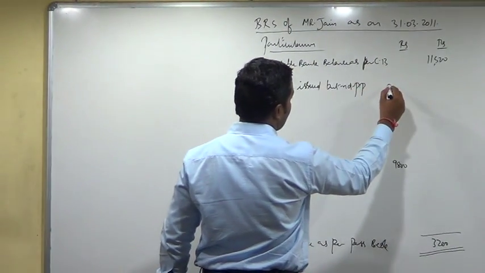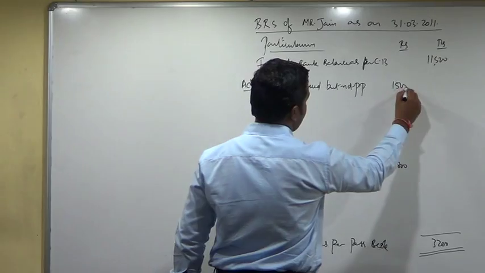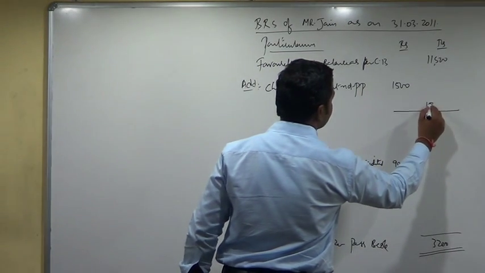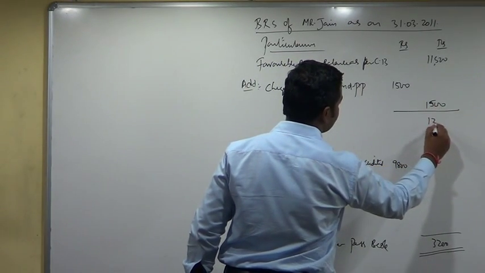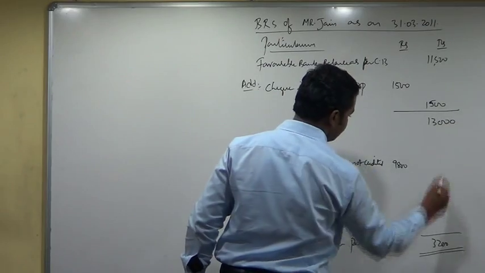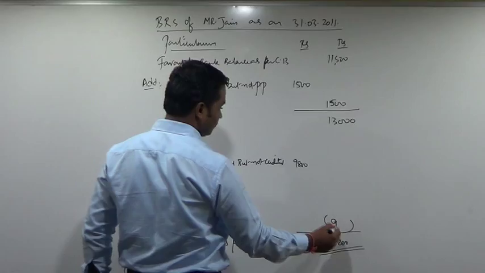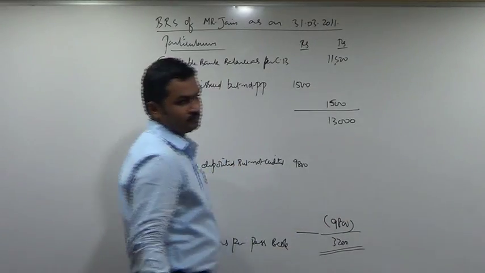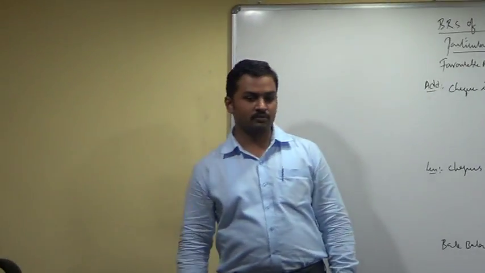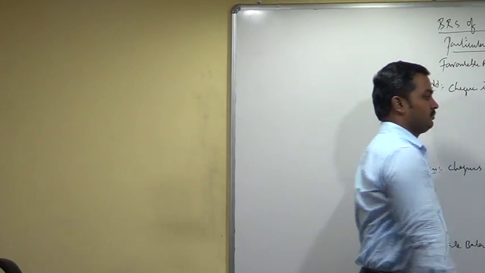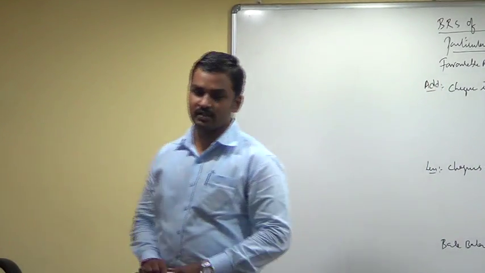How much? 13,000. Answer tallies now. 13,000 minus 9,800 is 3,200 rupees.